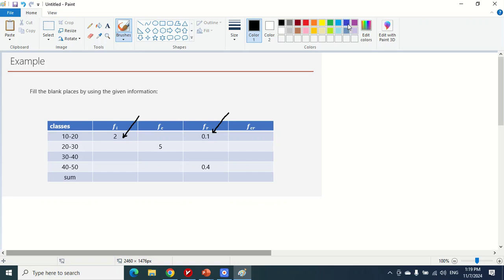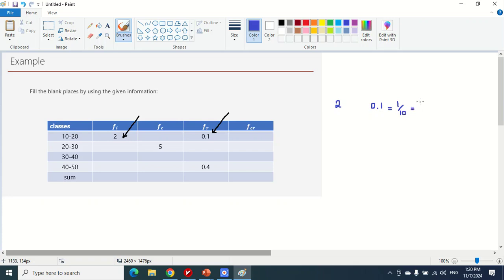Indeed, if we take a look at it, the frequency table says that the relative frequency for the first class is 0.1. This means 10%. 0.1 means 1 over 10, or 10% means 10 over 100.